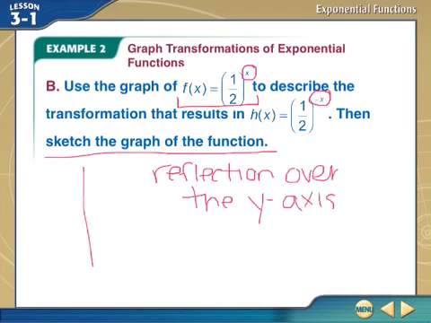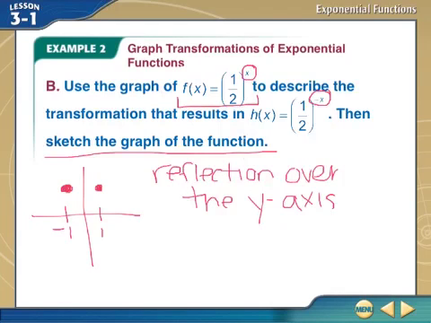So if you think about a coordinate plane, if x was +1 before, now it's -1. And so a point that would be in the first quadrant now has an x-coordinate of -1 in the second quadrant. So you're taking any point in the first quadrant and reflecting over the y-axis, which would land in the second quadrant.